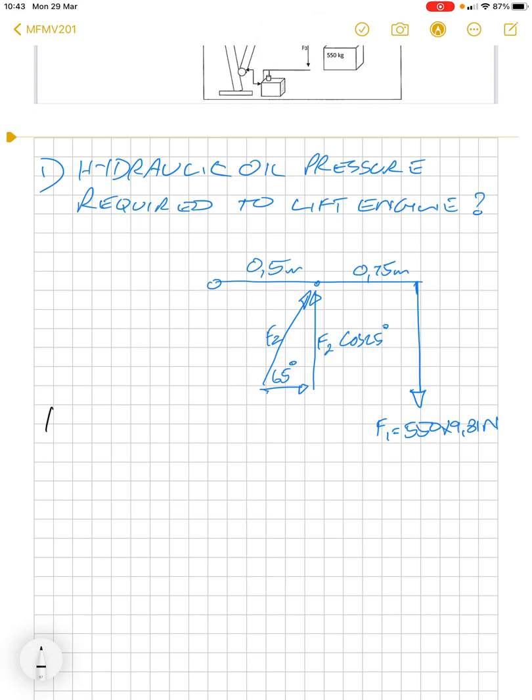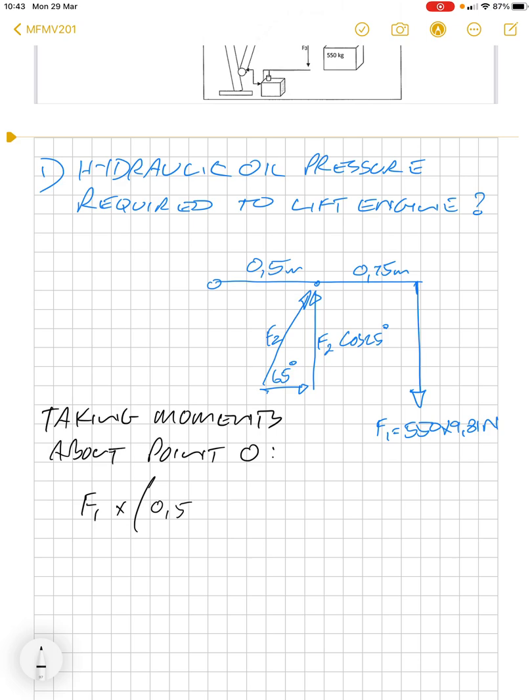Right, so taking moments about point O. We have F1 multiplied by 0.5 plus 0.75, so that would be the total length of the arm, and that's in the downward direction.